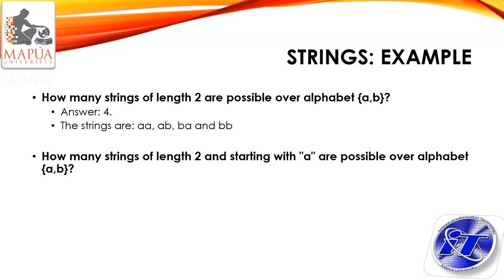And let's answer this question: how many strings of length 2 and starting with A are possible over the alphabet? It is related to the first question, but we're just going to consider strings that start with A. So how many? Based on this, we have 2: AA and AB.